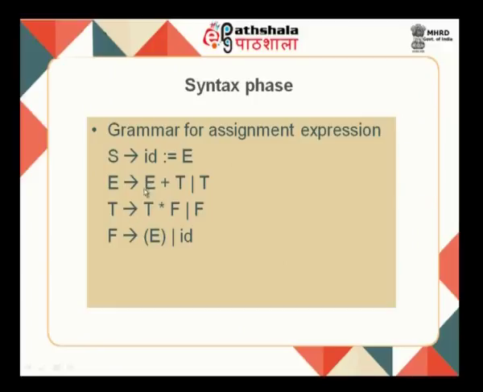So, where this E could be E plus T or T, and T could be T star F or F, F produces parenthesis E close parenthesis or ID. So, this is what basically the grammar corresponds to, this is a subgrammar corresponding to an assignment expression, because I have not looked upon arrays here, I have not looked upon pointers here, I have not looked upon other operators here. So, therefore, this is just a small subset, subproduction set of an assignment expression grammar.